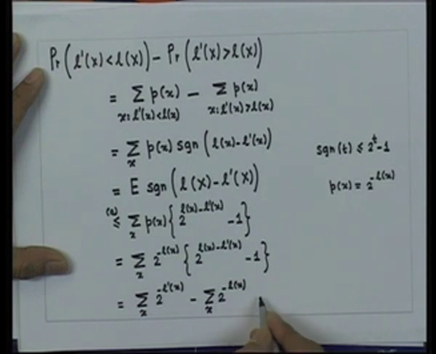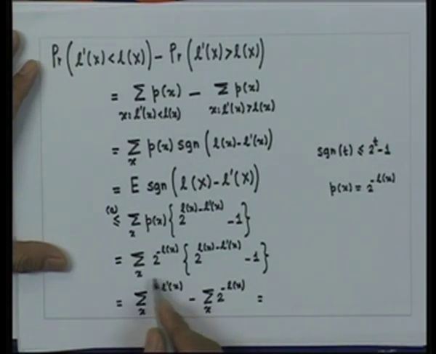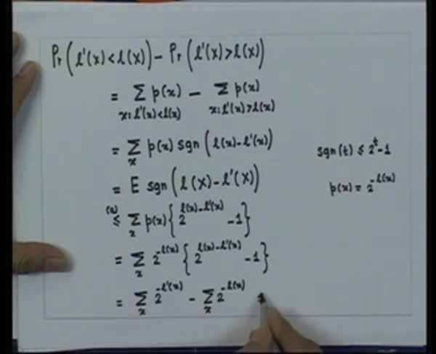Now, this quantity is nothing but McMillan's Kraft inequality. So, if your L'(x) corresponds to the code word length of another uniquely decodable code, then it implies that this quantity has to be less than or equal to 1. And this is obviously 1 because it is a dyadic probability mass function, so the summation is again equal to 1.